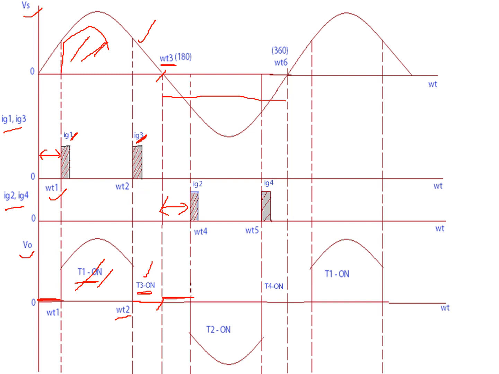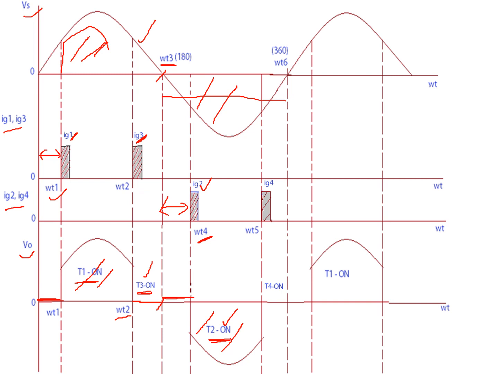Again at omega t is equal to omega t4, we apply the gating pulse to thyristor T2. Thyristor T2 starts conducting and allows the flowing of current from source to load, which means the total amount of input voltage appears across the output. This is the output due to the conduction of T2.